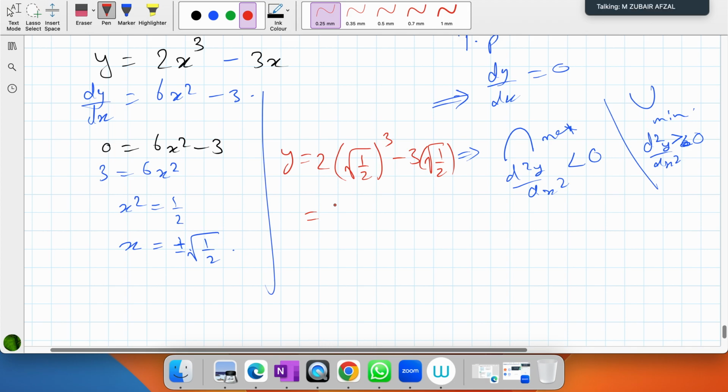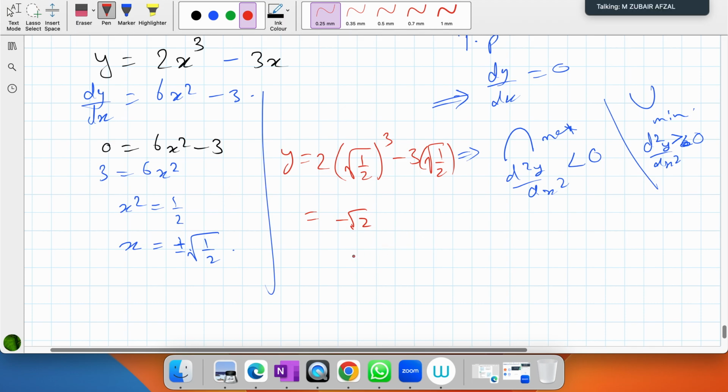2 into square root 0.5 cubed. Something's gone wrong. 2 into square root of 0.5, and that's cubed, minus 3 into square root of 0.5, and it is negative square root 2.